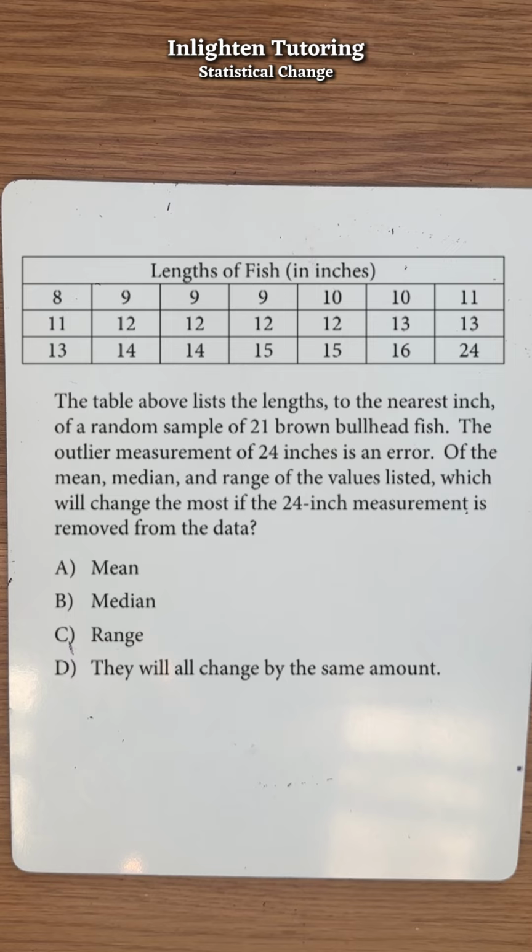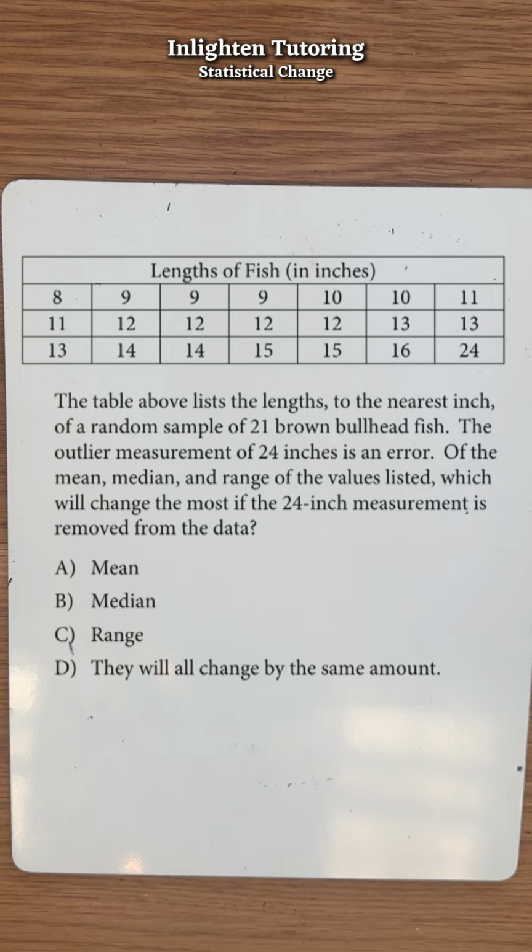I count up 3 from the lowest, down 3 from the highest, so my median is probably going to be 12, right? But if I remove 24, will it change that much? No. It's probably going to be at this 12 or in between these two, but it'd still be 12. So the median's not going to change much if I take out the outlier.